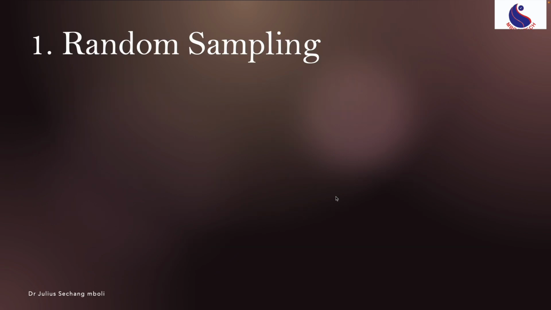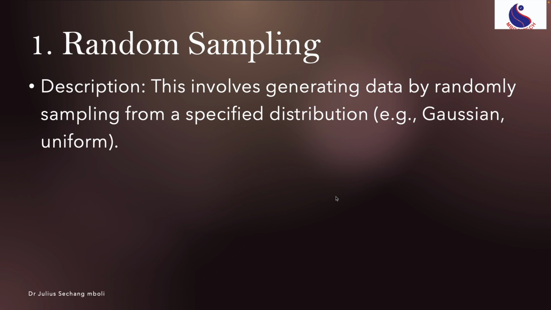Now, the first method that I want to talk about, and let me say that this is by no means arranged in any order at all. It's just randomly arranged. So this is the first one I'm talking about here. It's random sampling. And what is random sampling? Random sampling involves generating data by randomly sampling from a specified distribution.